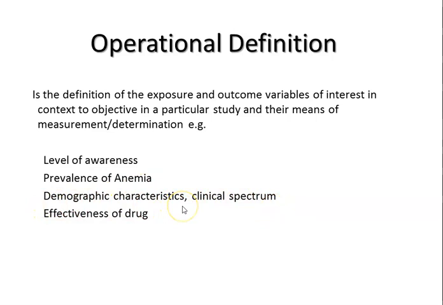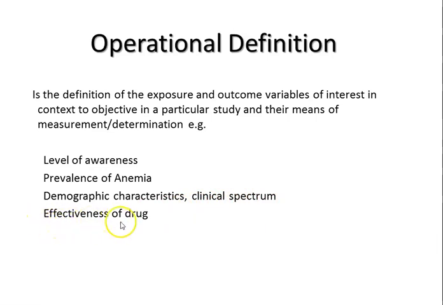Demographic characteristics include many variables, and here I need to define what characteristics I will be including in studying the demography of patients or subjects. And for the clinical spectrum of any disease, I will operationalize this because again there may be many kinds of variables that can be included to measure this variable.